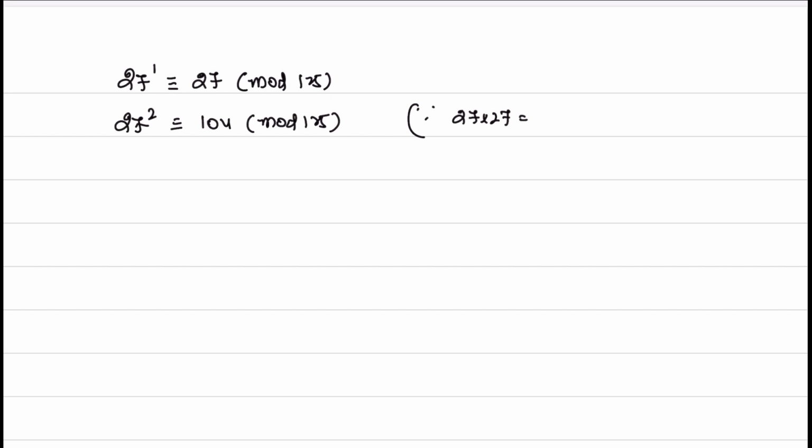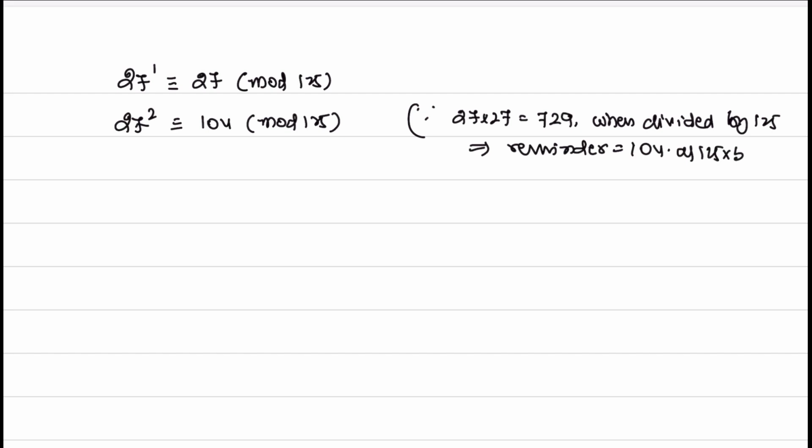What is 27 square? 729. When divided by 125, it gives remainder 104, as 125 into 5 is equal to 625. Similar is the case with others. We will proceed further in the similar way.